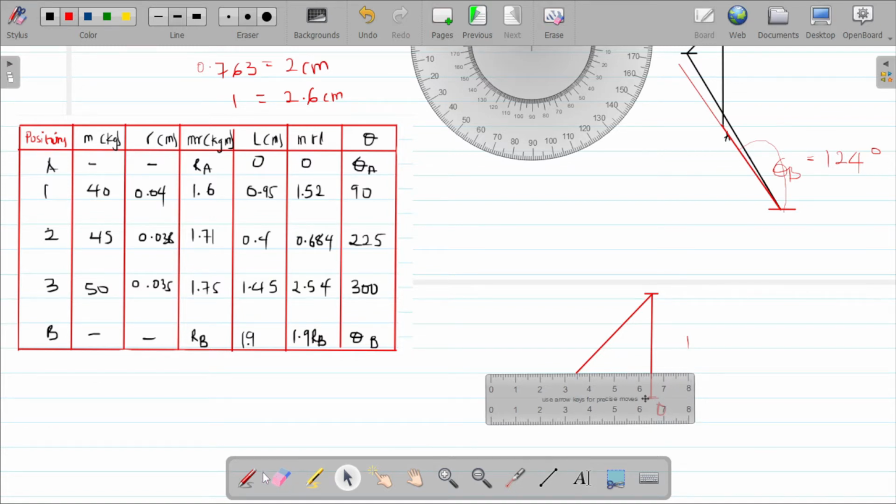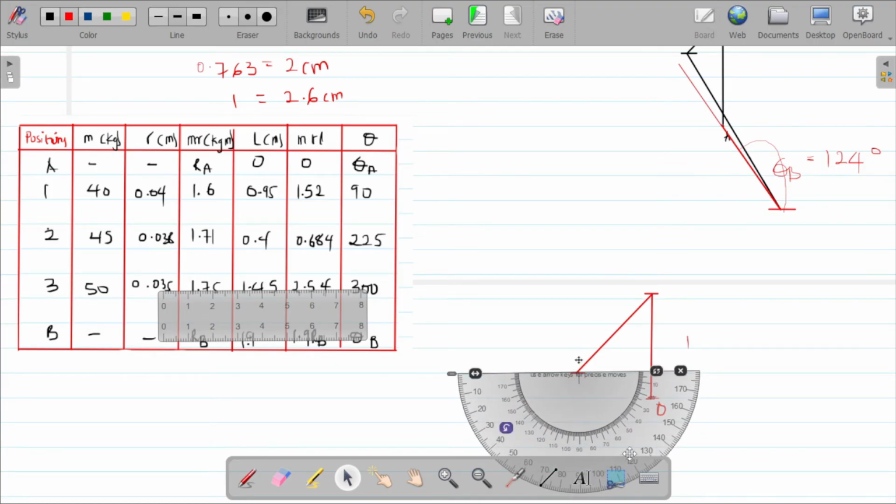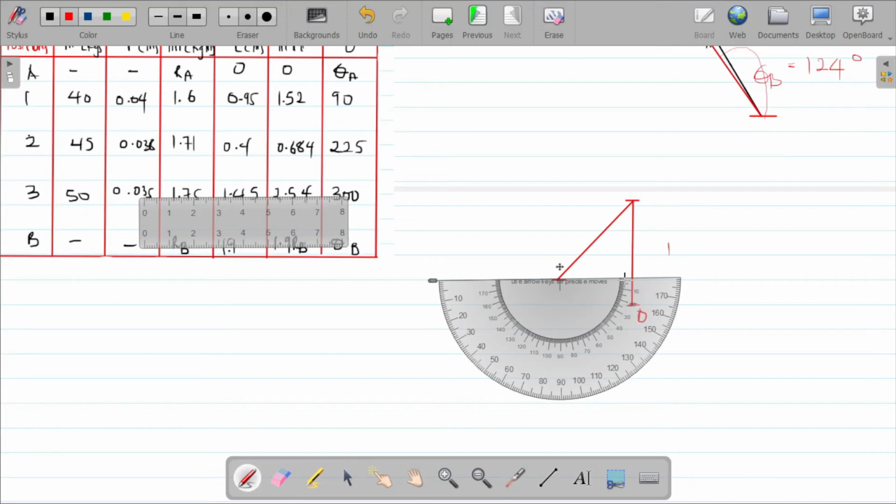I believe at this point you've seen the trick. And then you bring in this again. The next one. So from 1 to 2, 2 to 3.